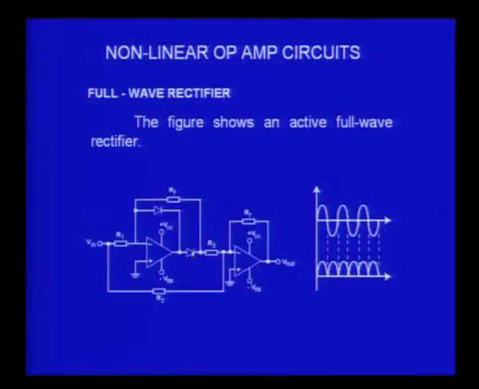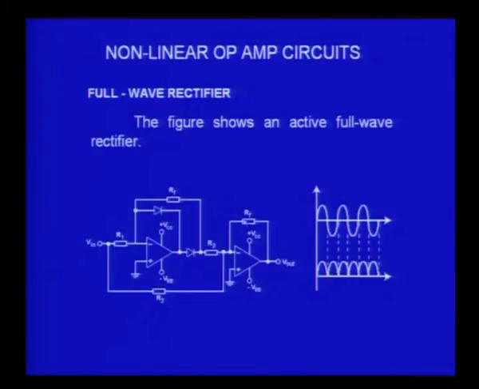This diode is the one which is going to do the rectification, and I give the input signal in the form of a sinusoidal wave, and what I am going to get here will be a half wave rectified signal, as we have already discussed.